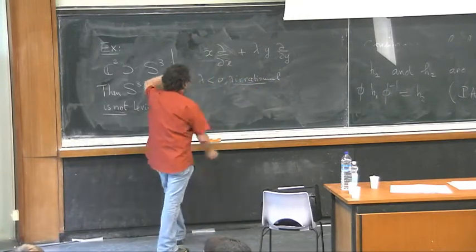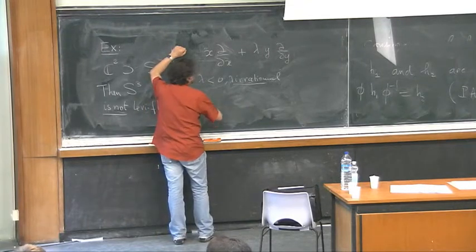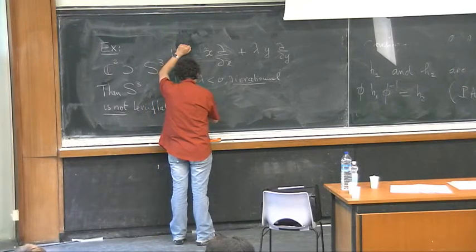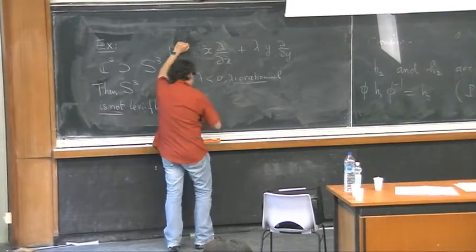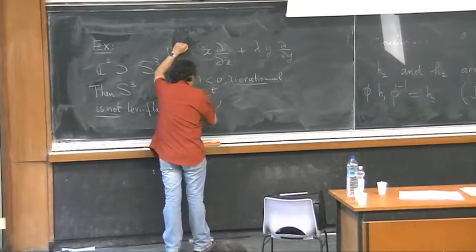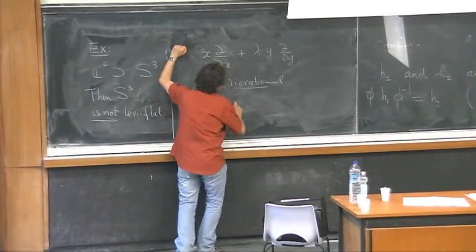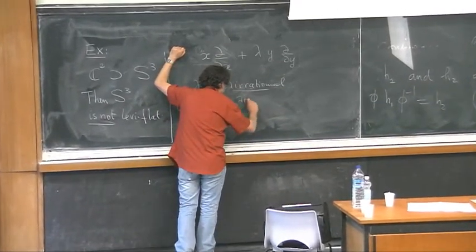And I've said, recall that the flow is given by t, complex t, x times exponential t, y times exponential lambda t.